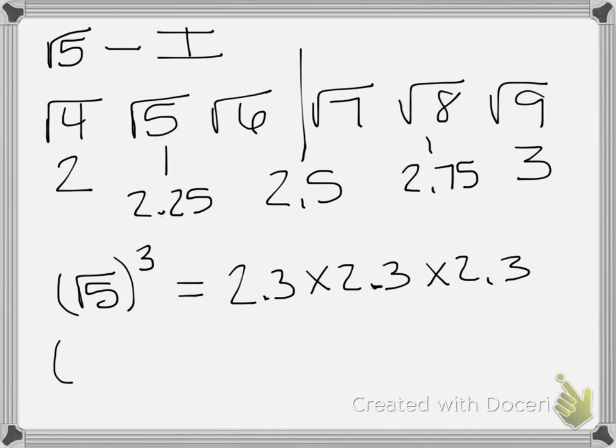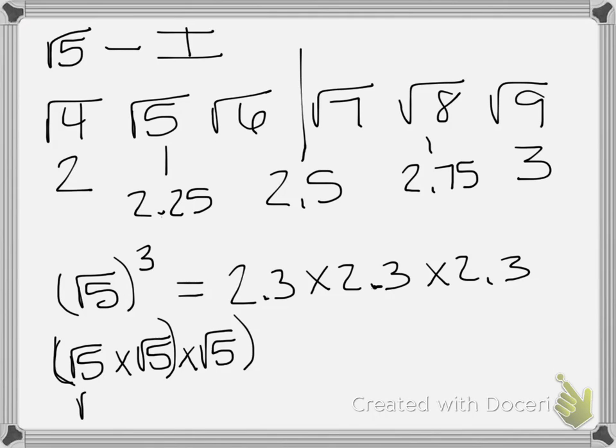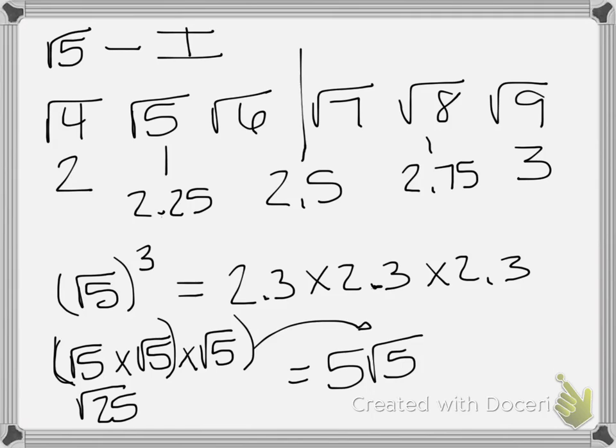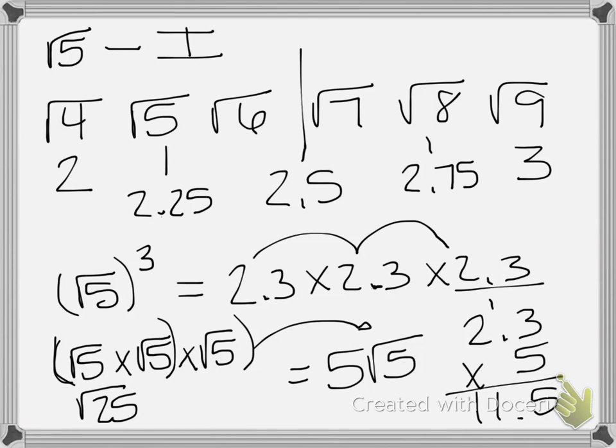The other way to think about it is the square root of 5 times the square root of 5 times the square root of 5. Well, we know that the square root of 5 times the square root of 5 is the square root of 25, and we know that that is 5. So then I have the square root of 5 left. Well, you just estimated this at 2.3. So then I'd really just have to say 2.3 times 5, and this would get me my answer. So I would estimate this at 11.5. This is much easier than multiplying that 3 times.